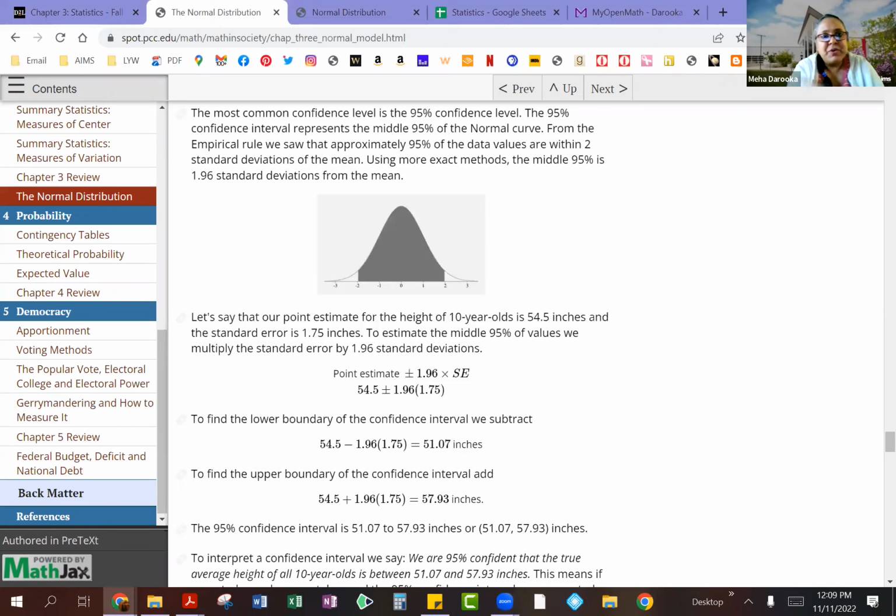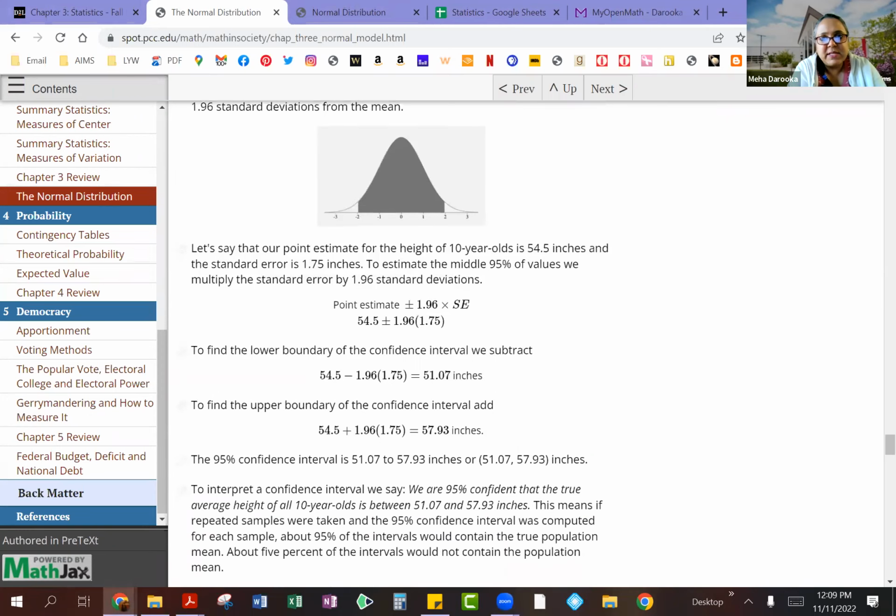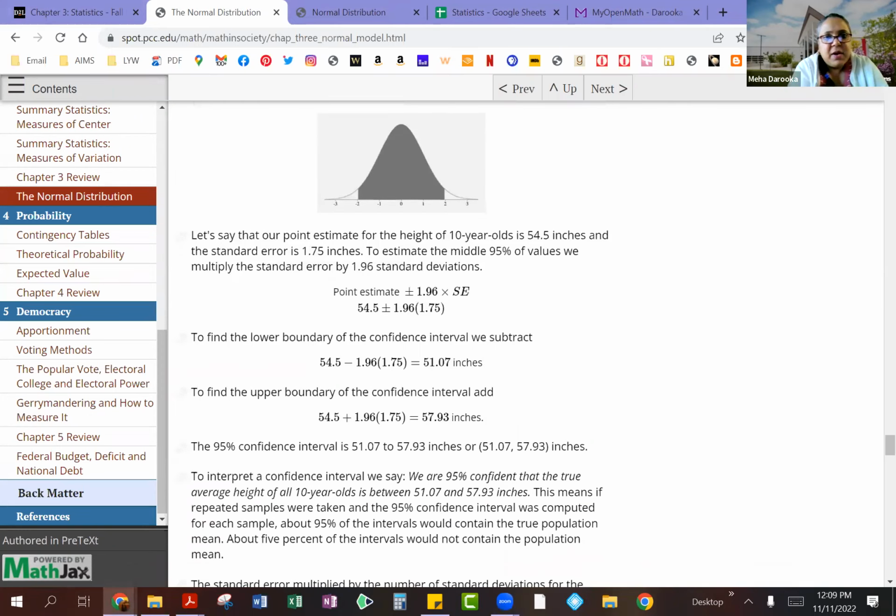Now, going back to our 10-year-old kids with their height, we're basically saying our point estimate for the height is 54.5 inches, which was our sample mean. Our standard error, which is basically your standard deviation based on this sample, is 1.75 inches. We want to estimate what the middle 95% of values are going to be.